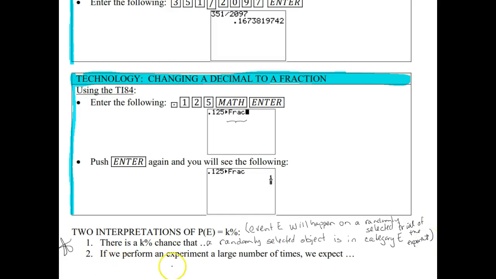Or we could say if we perform the experiment a large number of times, we expect event E to happen k% of the time.